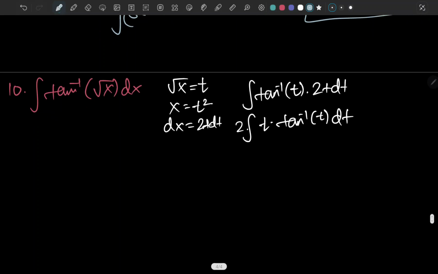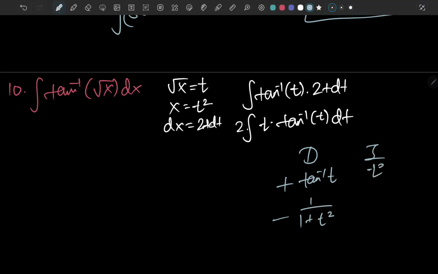Okay, and now what I'm going to do is again use the by parts method, differentiating tangent inverse of t, that is 1 over 1 plus t squared, and integrating t, that is t squared over 2, right?